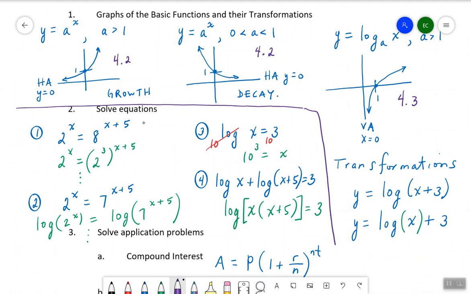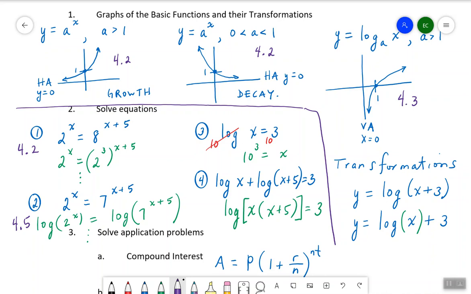And then when we solved equations, this first example we solved in section 4.2, but then the harder equation in example 2, we didn't solve that until section 4.5.